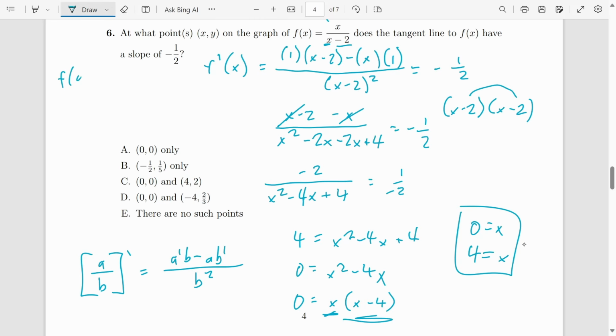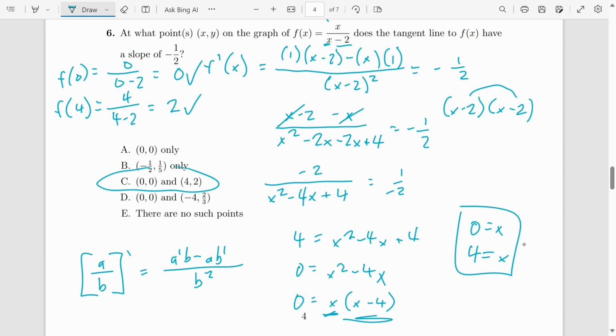So f of 0 is 0 over 0 minus 2, which equals 0. Cool, that's that 0. And f of 4 equals 4 over 4 minus 2, which is 4 over 2, which equals 2. There we go. We double checked our work. We got a 2. We're chilling with answer choice C.